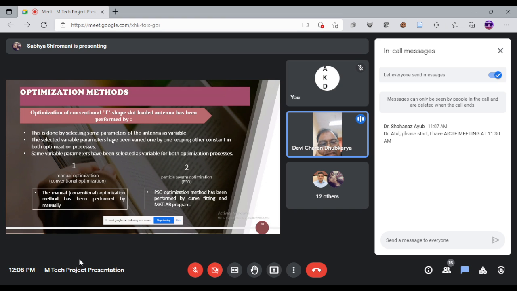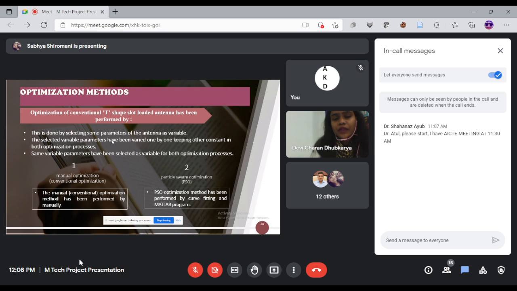This is not slot loaded. Slot loaded means something different. Slot antenna is different. Yes, a slot has been cut over there, so that is why the slot has been loaded over the antenna, over the patch of the antenna.